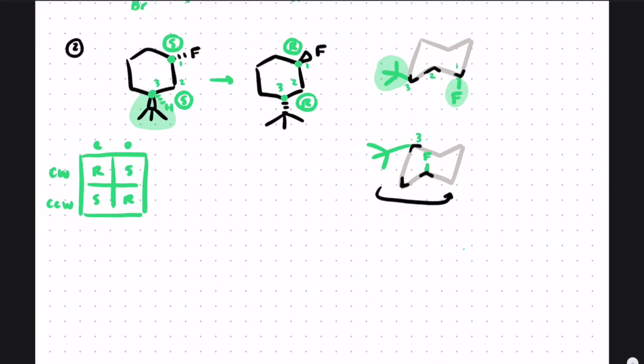And it looks like a mirror image. It does when you rotate it around. This is a great exercise for your model kit. But because it looks like a mirror image, we could probably trust that it is. Of course, you can check the absolute configuration in the chair conformer if you want, but I'm just going to trust that we've correctly drawn the enantiomer. So this is the lower energy conformer of the enantiomer, and this is the OG structure.